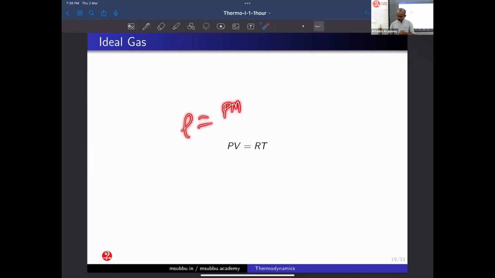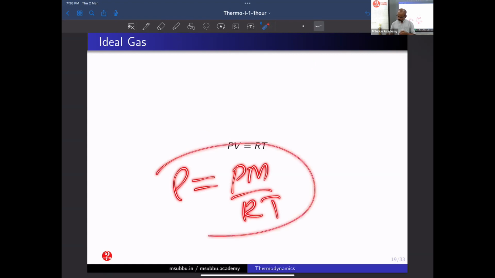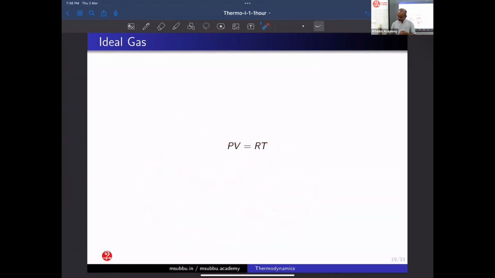Rho equal to PM by RT, which says that for low density, the pressure should be lower or the temperature should be higher. So higher the temperature and lower the pressure. But by what value? We'll again refer to the critical pressure and critical temperature. But I will write it here, so that is critical pressure. One minute.